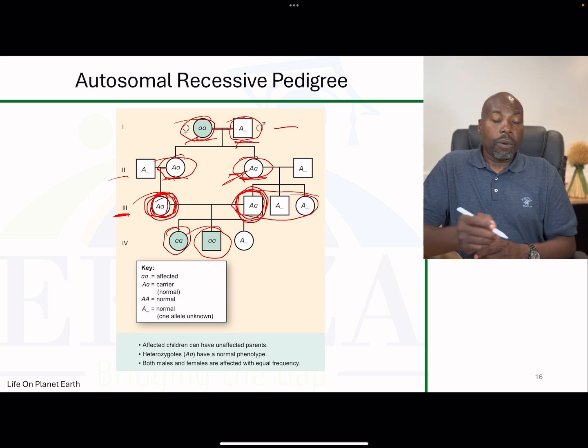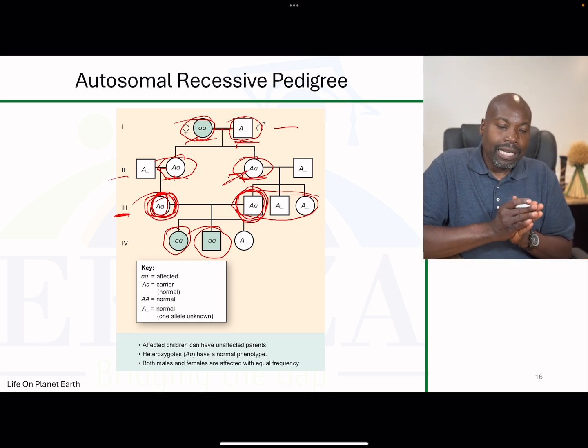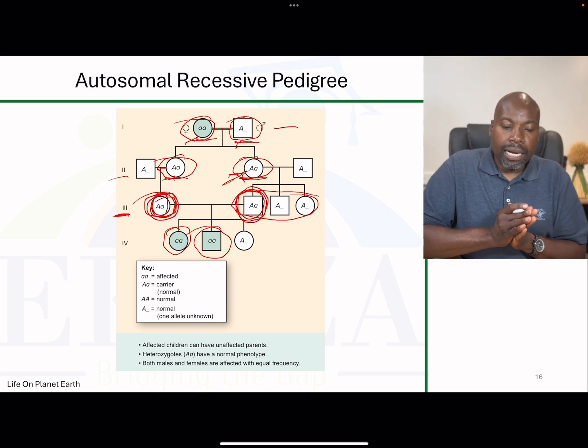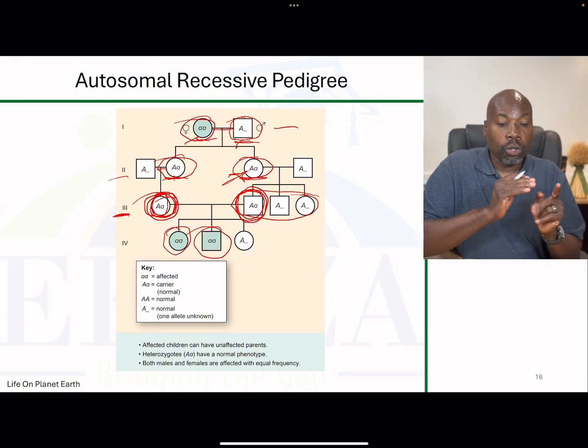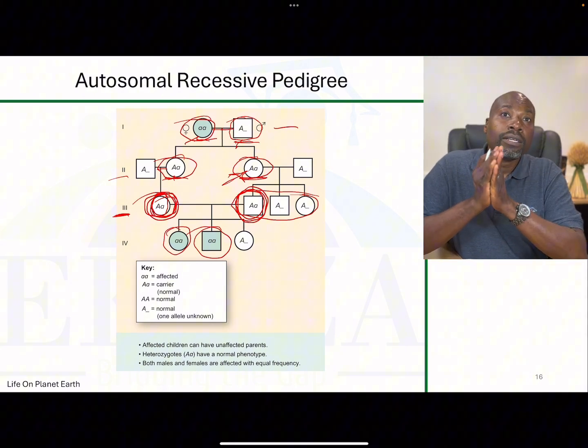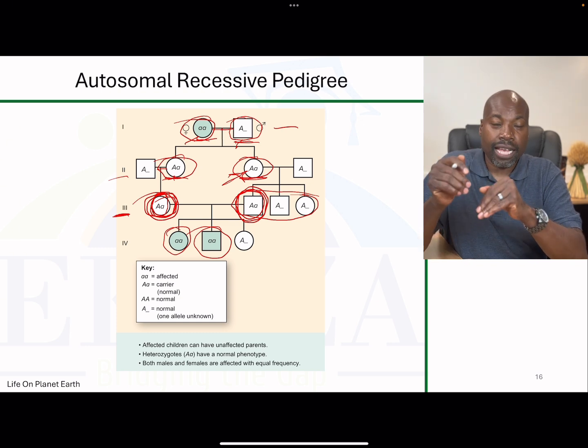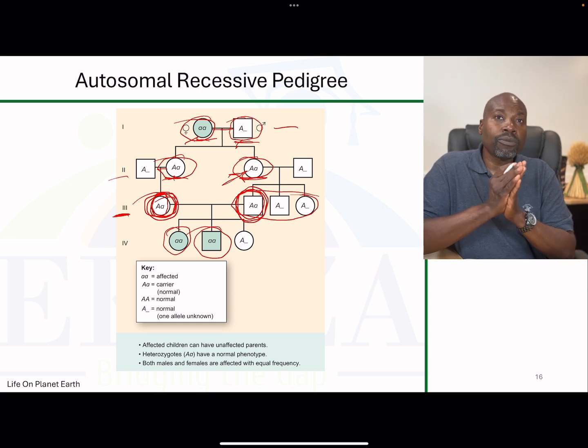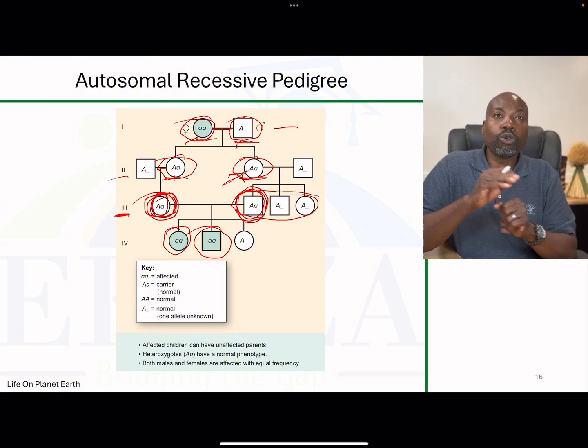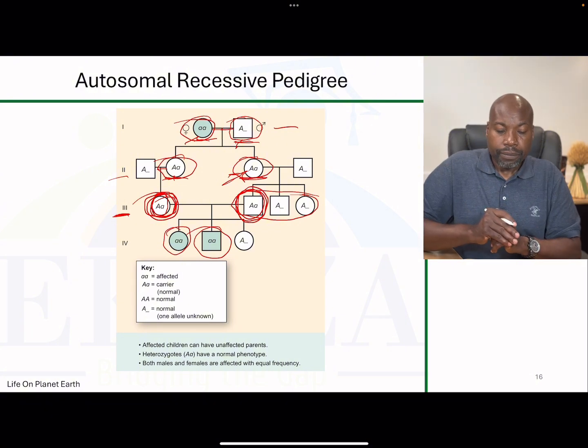Now, what we do observe in an autosomal recessive pedigree, and autosomal refers to the chromosomes that are not associated with sex, chromosomes number 1 through 22, okay?